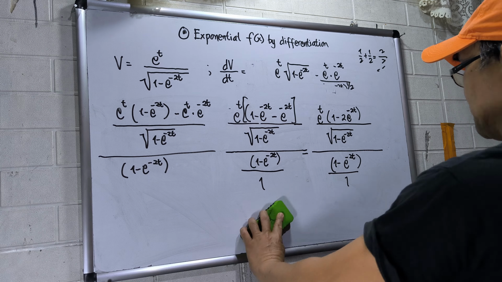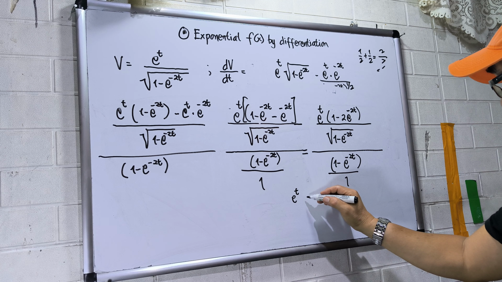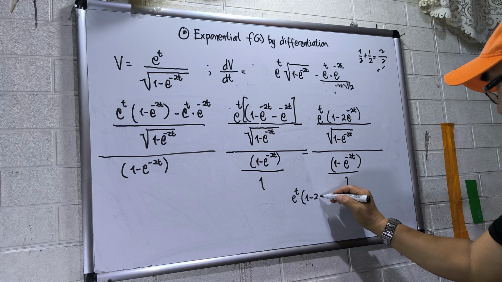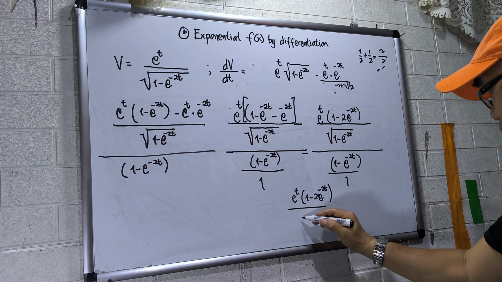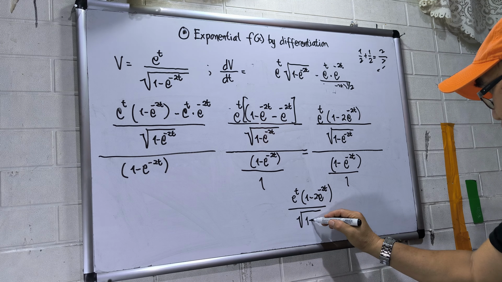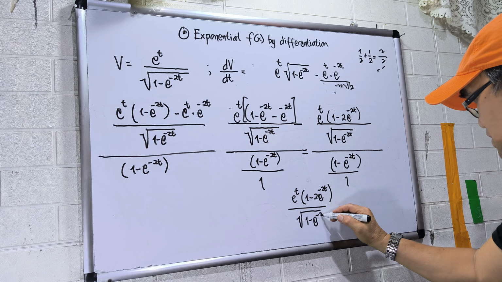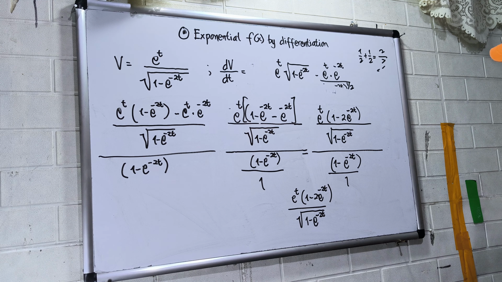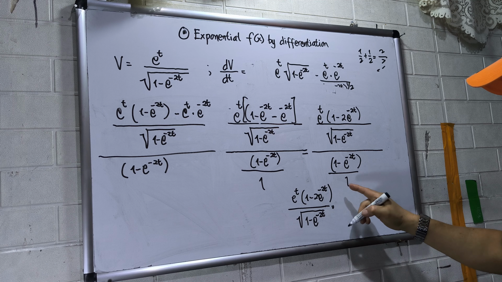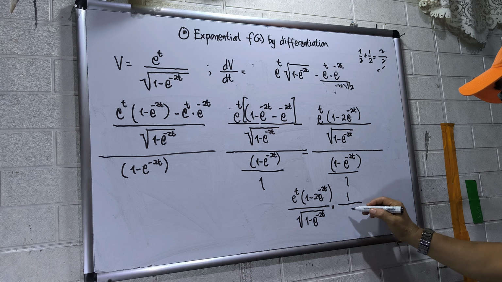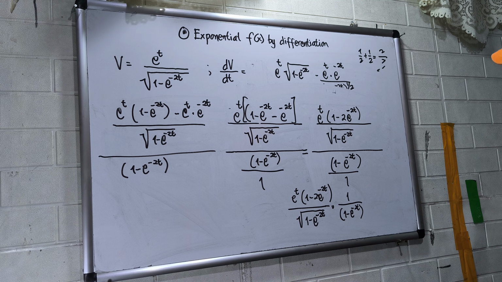Okay, to simplify, this will be e raised to the t times 1 minus e raised to the negative 2t over the square root of 1 minus e raised to the negative 2t, then times, I will change this one to multiplication, then upside down, this will be 1 over 1 minus e raised to the negative 2t.